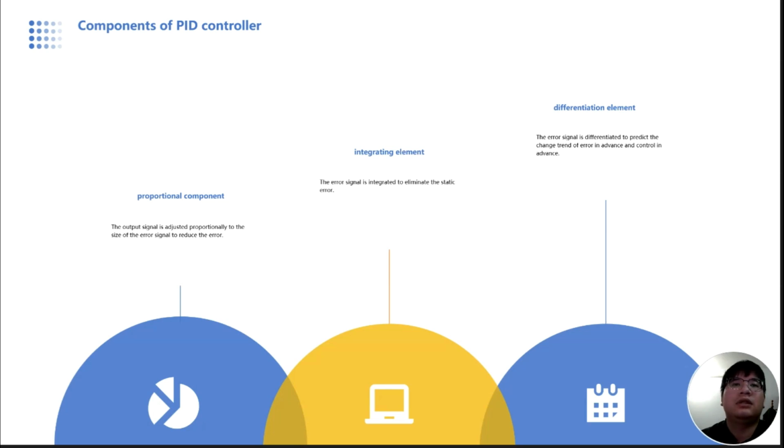How does the brain of the PID controller work? It consists of three core components. The proportional component is the most direct.